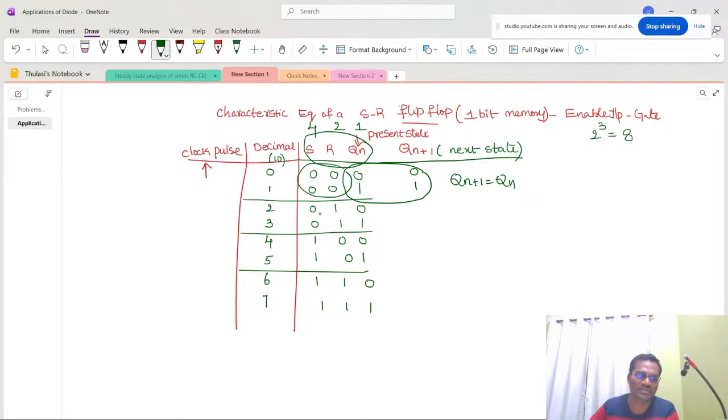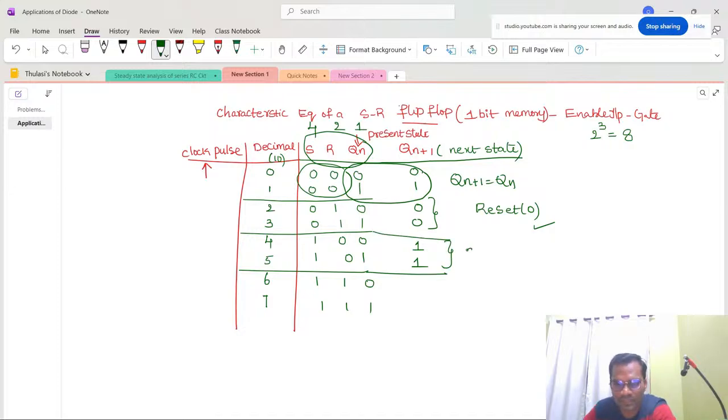But when the input is 0 and 1, the output is reset. Reset generally means 0, so here you get 0 and here also 0. So for 0 1 the output is reset, and later you get the output as 1 for the conditions of 1 0 and 1 0. This output is called set. So the value of set is 1 here.